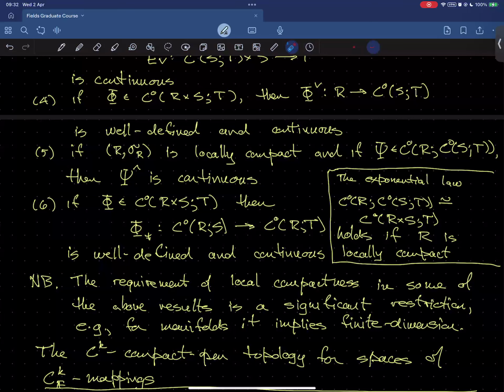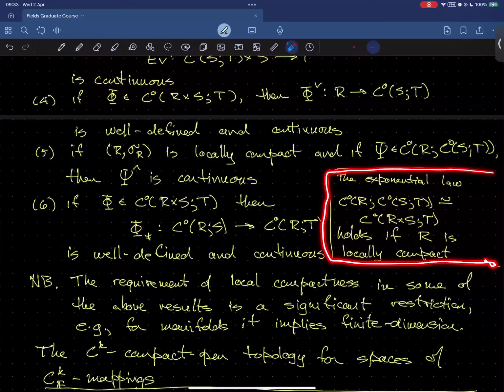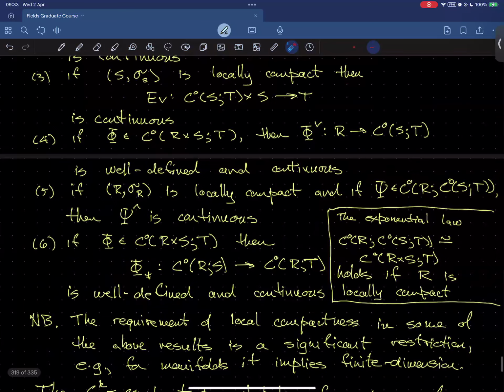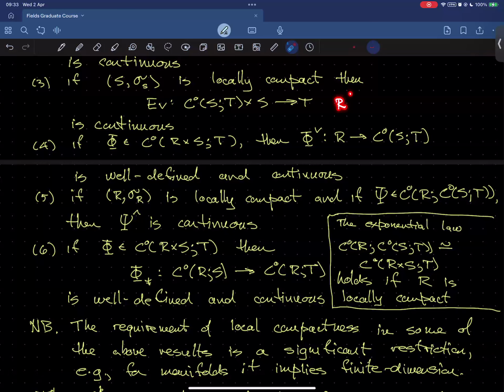So we had the exponential law. So what does the exponential law look like in this setting of continuous mappings? So the exponential law started with, sorry, T to the R cross S is, so let me get this right.